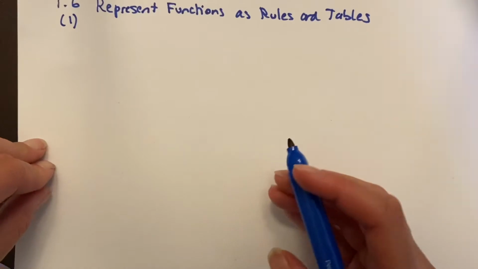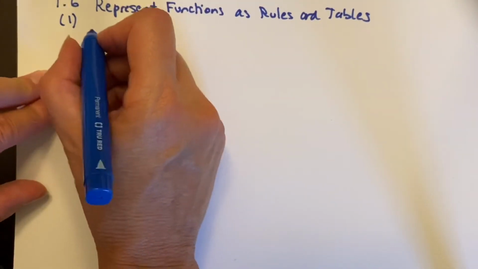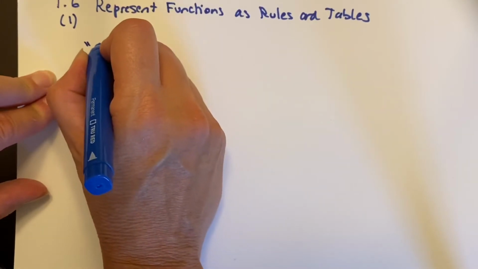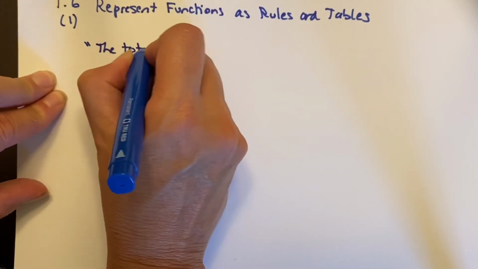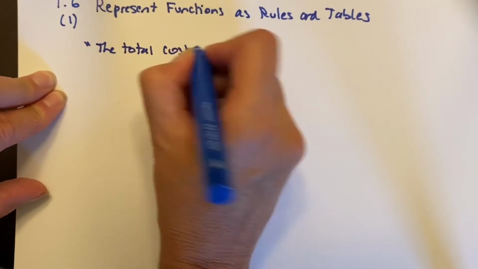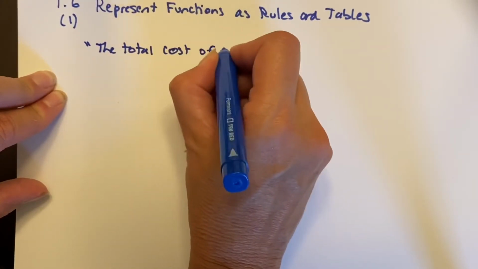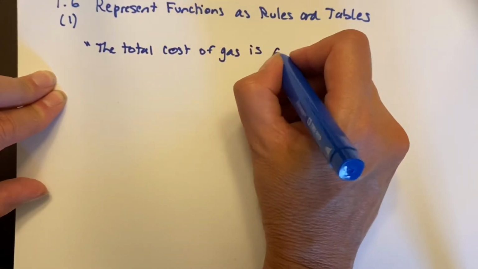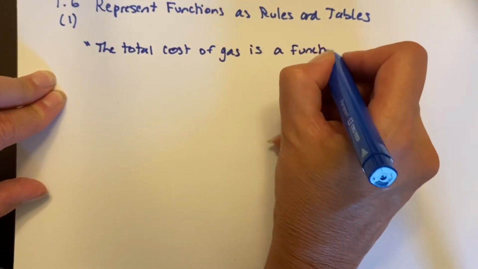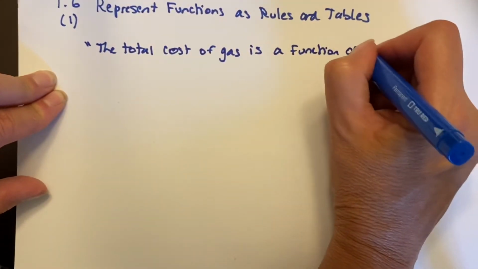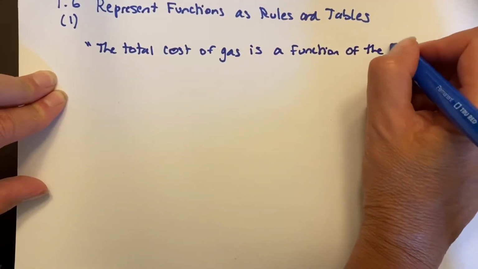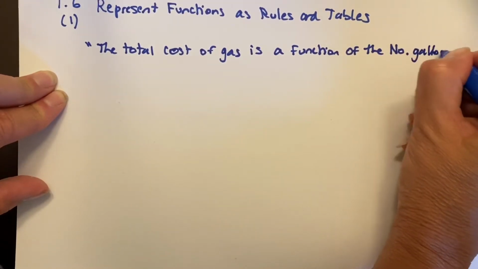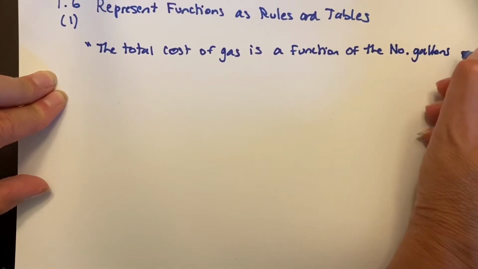Okay, so first let's define a function, and to do it we're going to just use this as an example to teach us what it means. The total cost of gas is a function of the number of gallons pumped.